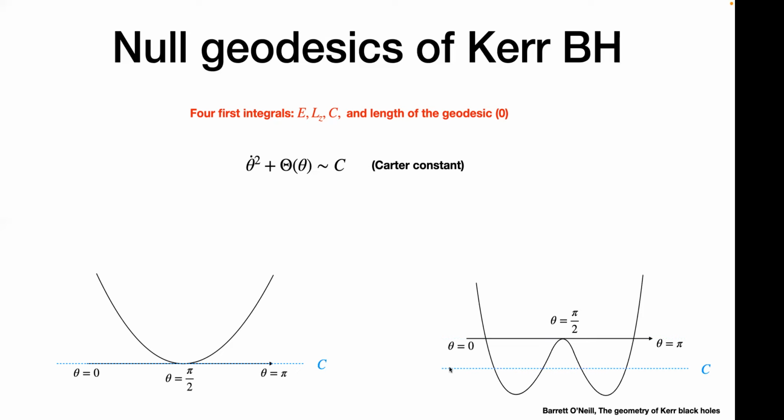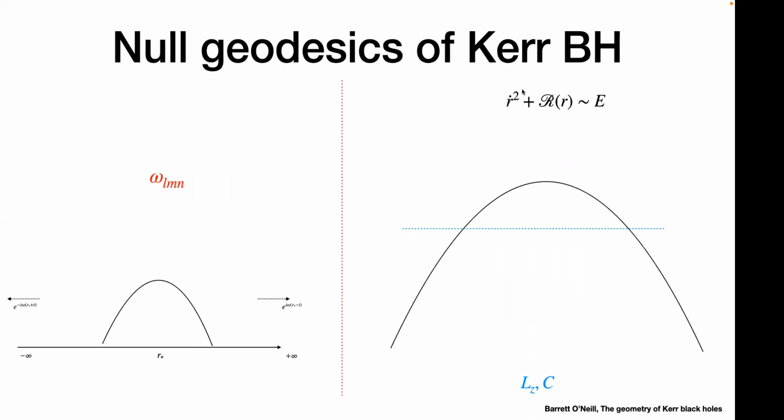If we further lower the value of the Carter constant, the null geodesic will be limited to either the north hemisphere or the south hemisphere, and it cannot cross the equatorial plane.